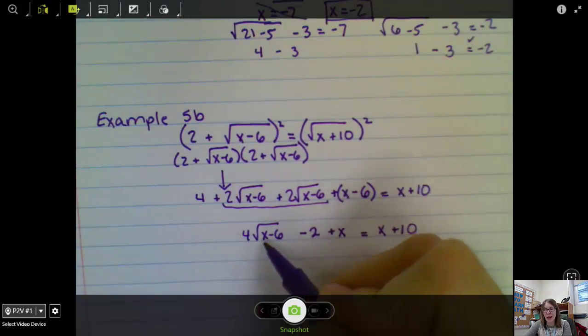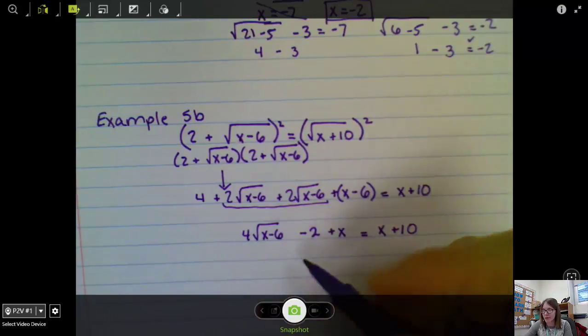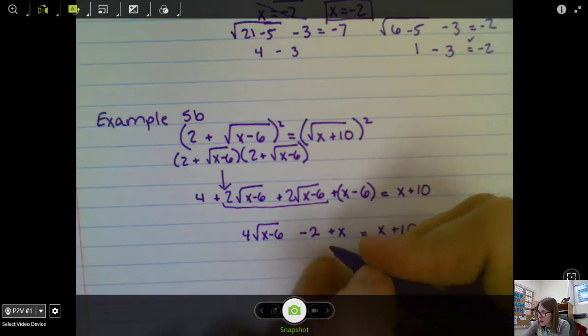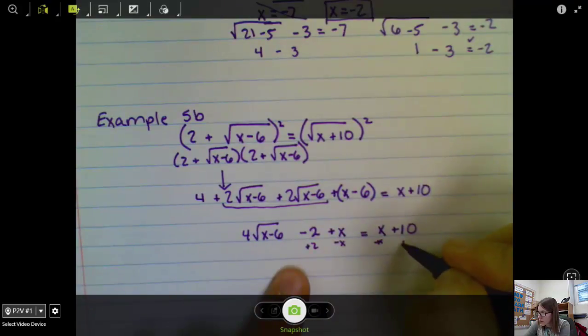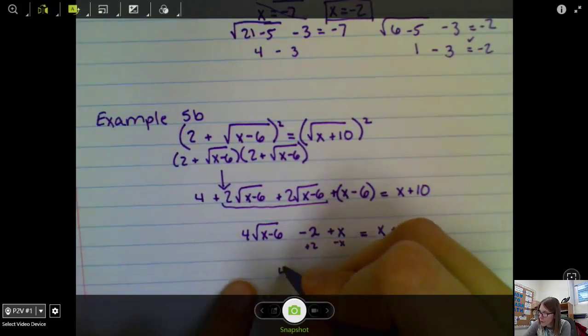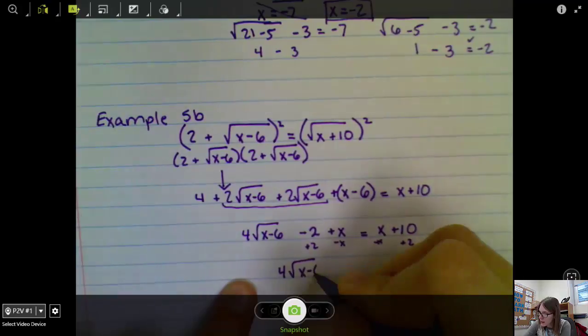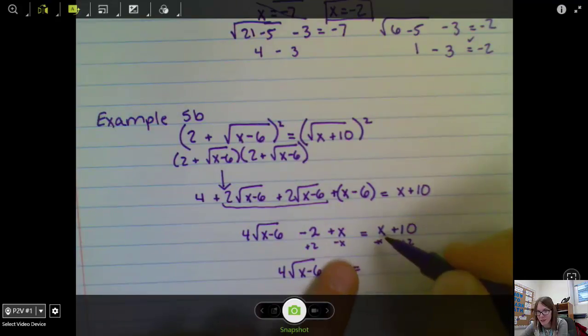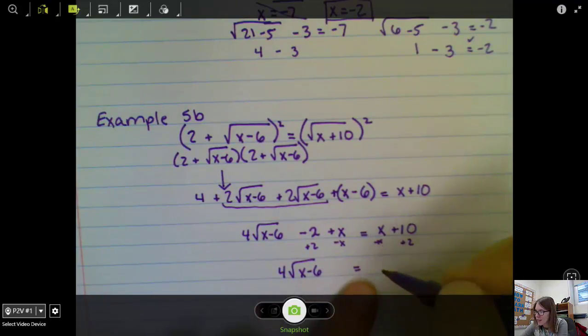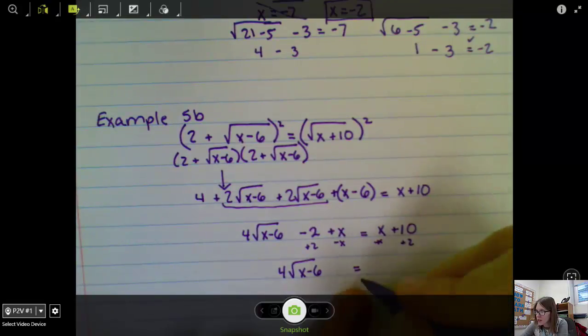I need to get this radical by itself. So let's subtract x and add 2. We get 4 square root of x minus 6 equals, well, that's kind of nice. If I subtract x from both sides, those x's cancel out. 10 plus 2 is 12.